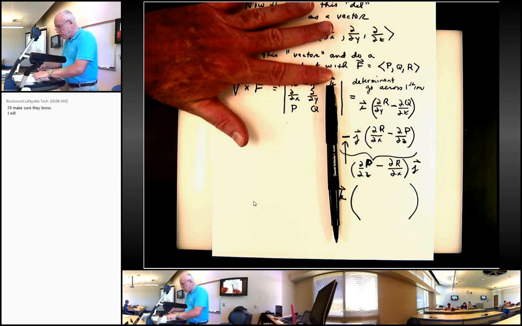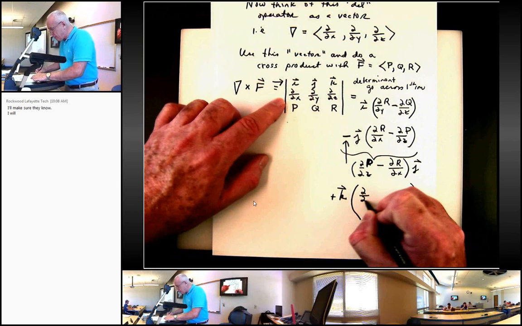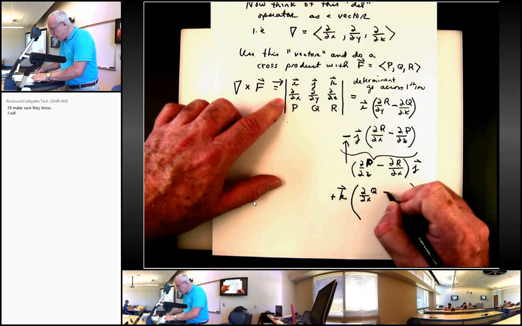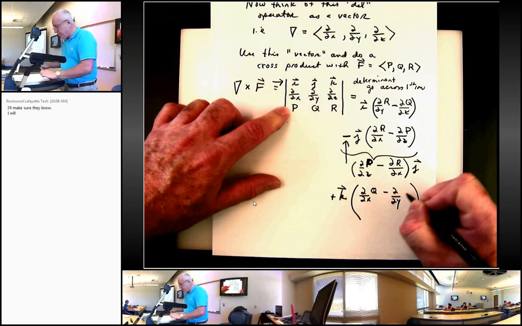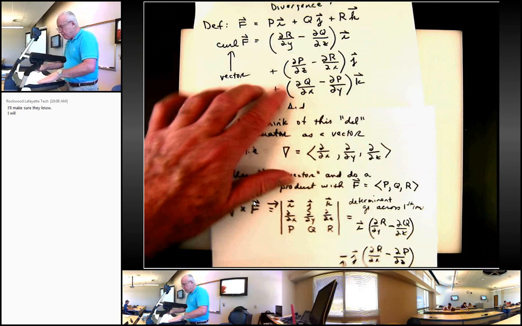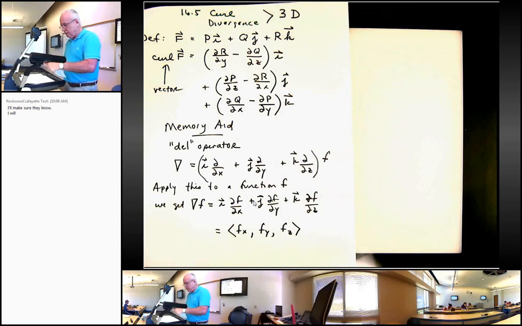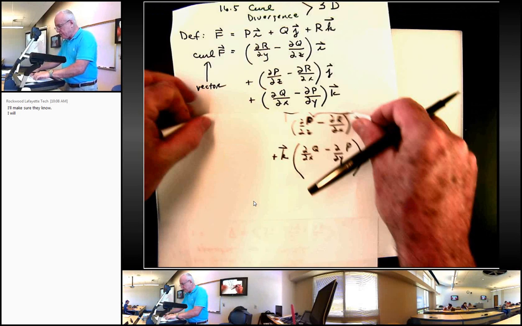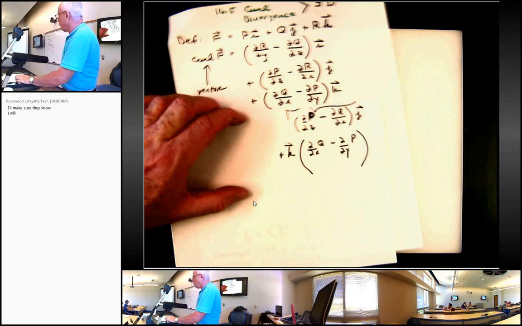So we're going to have delta x applied to q minus delta y applied to p. And that is the very same thing that we have in our definition for the curl, all right?